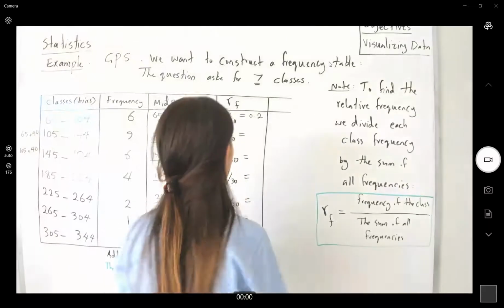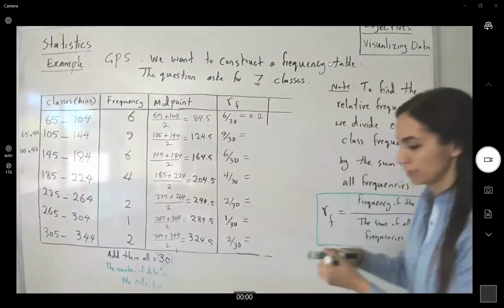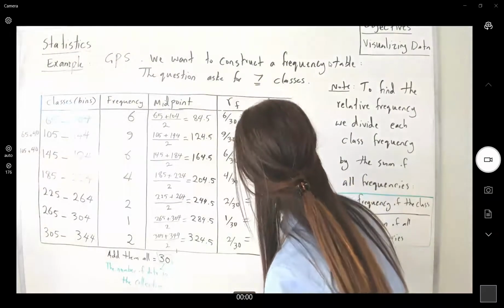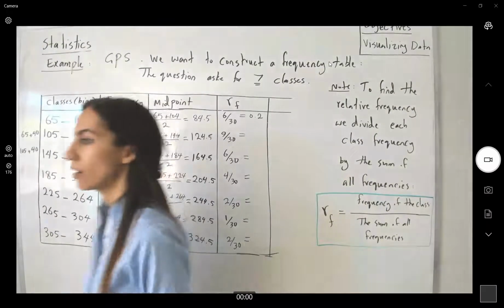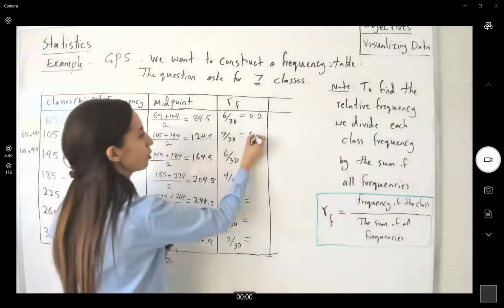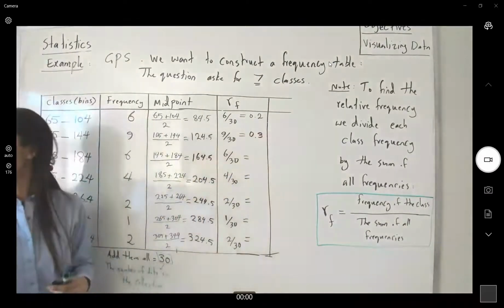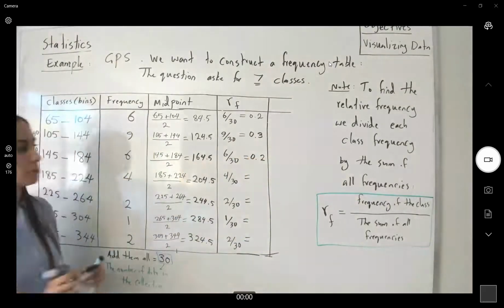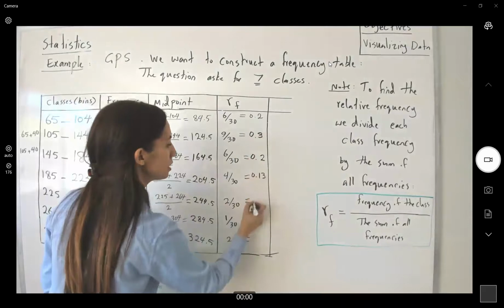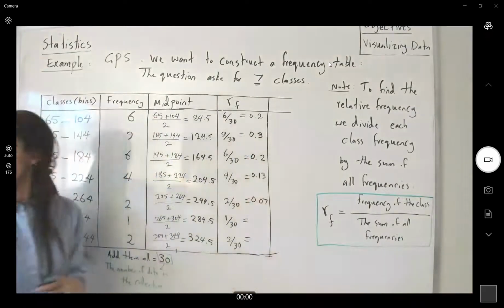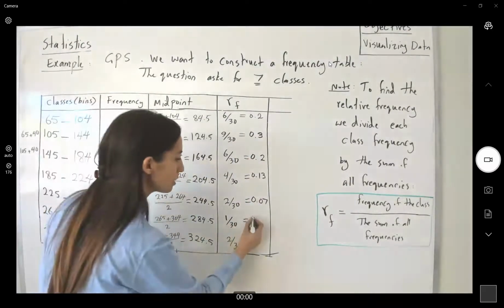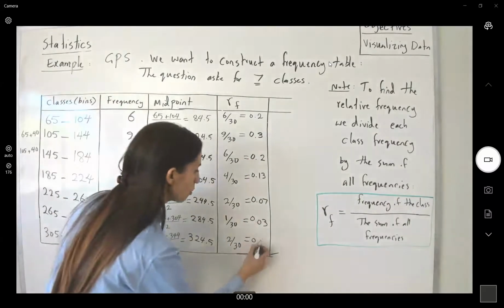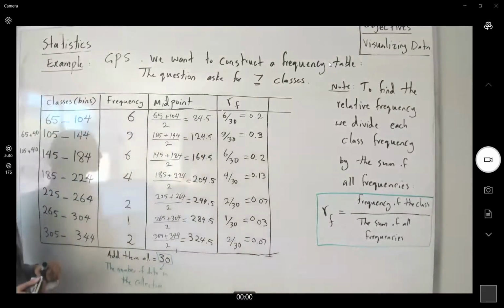So as we continue the calculation, we see that we have 30%, or 0.3, then we have 20%, then we have 13%, 0.13, then we have 7%. The next relative frequency is 3%, and the next one is the same as this, which is 0.07. Relative frequency.